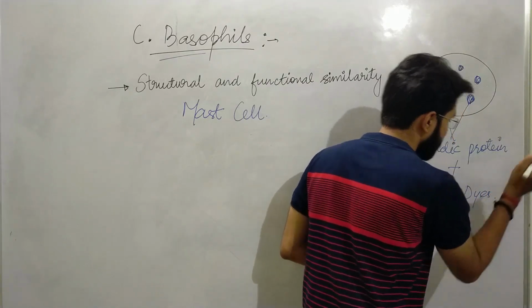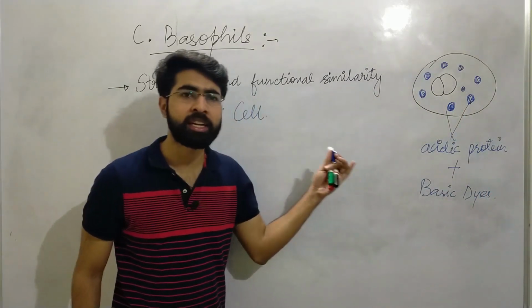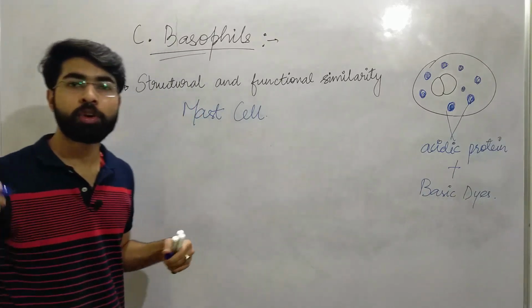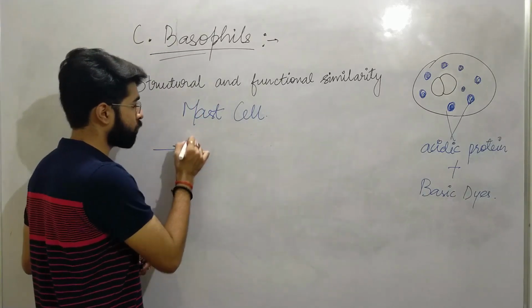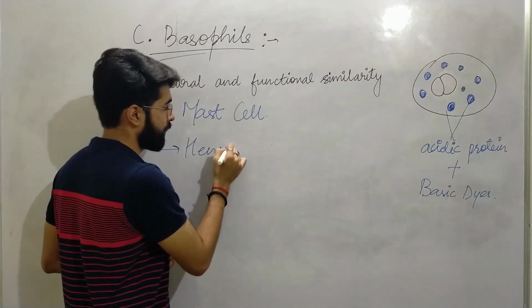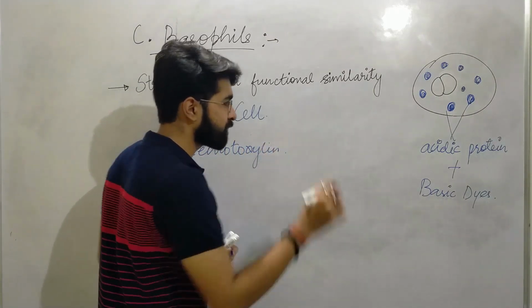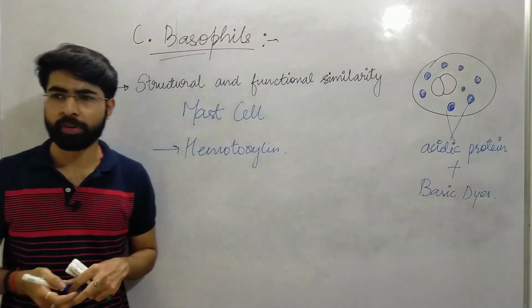Since they bind to basic dyes and show a bluish color, they are named basophils. The acidic protein binds to a basic dye known as hematoxylin. So that's why they are named basophils.